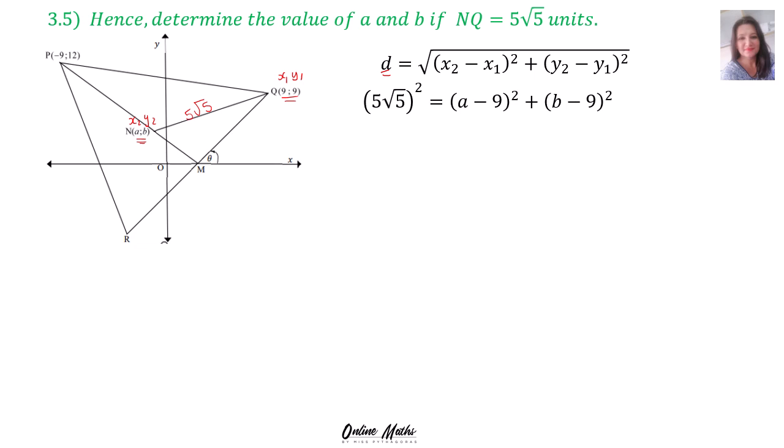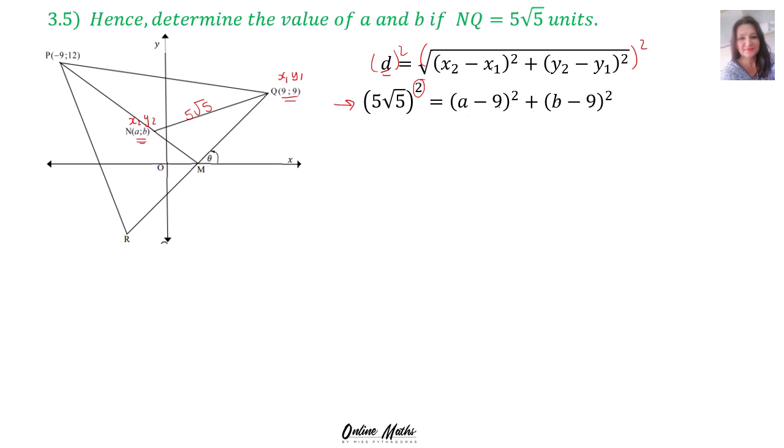So in this place, back here, I have 5 root 5 squared. Stop. What happened? Where does the 2 come from? The square. I wanted to get rid of the square root, so I squared both sides. Now let's go to the substitution. The x2 is the A value, and x1 is 9, and the y2 is B, and the y1 is 9.